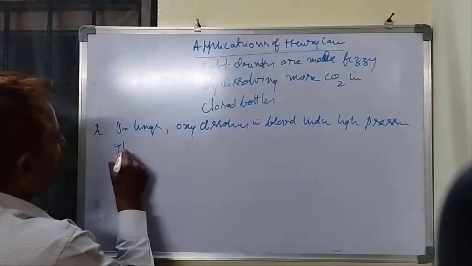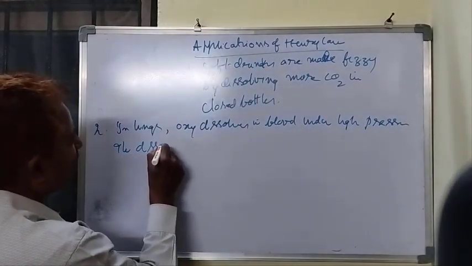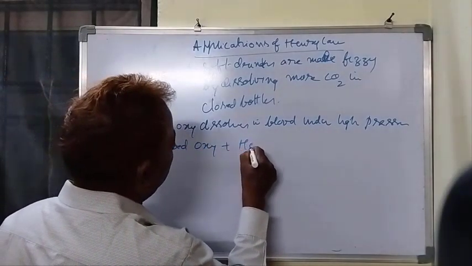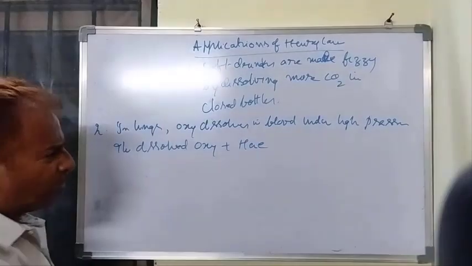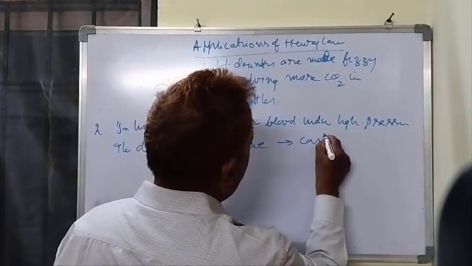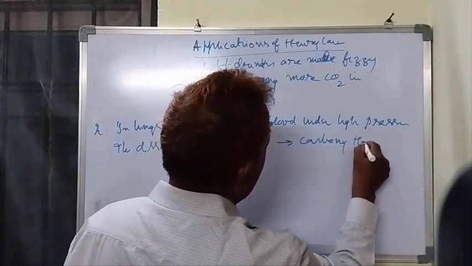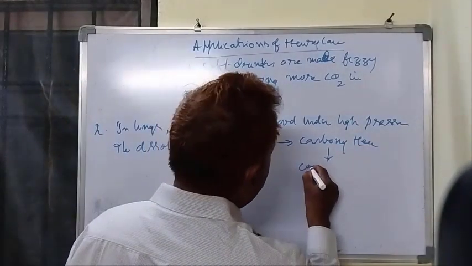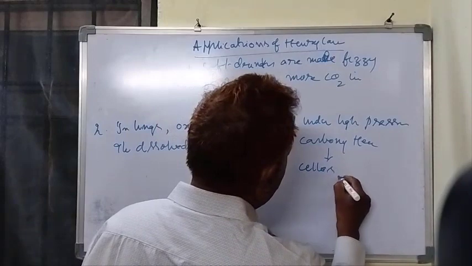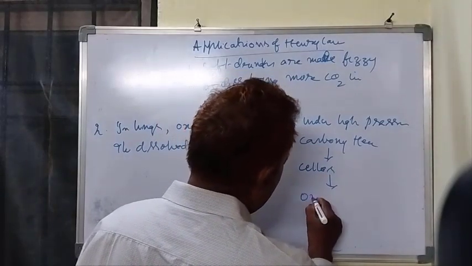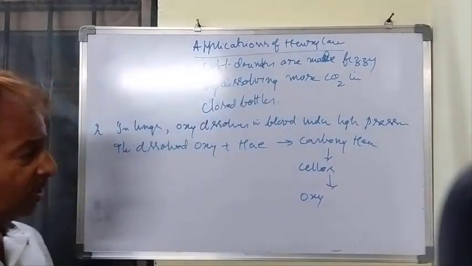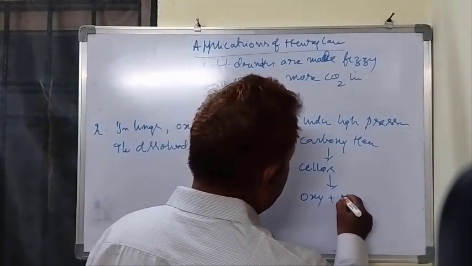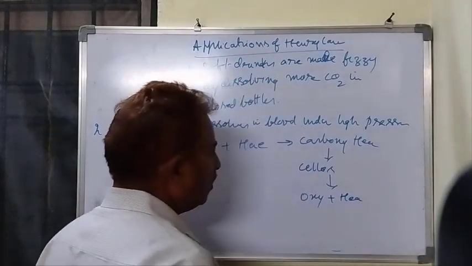The dissolved oxygen combines with hemoglobin to form oxyhemoglobin. This oxyhemoglobin goes to cells. There it releases oxygen, therefore oxygen is taken by cells, right? And again hemoglobin forms.